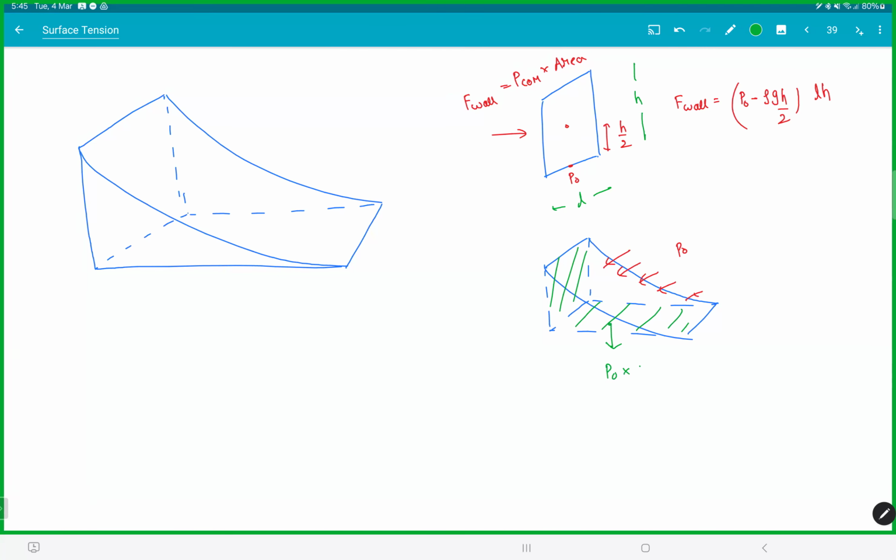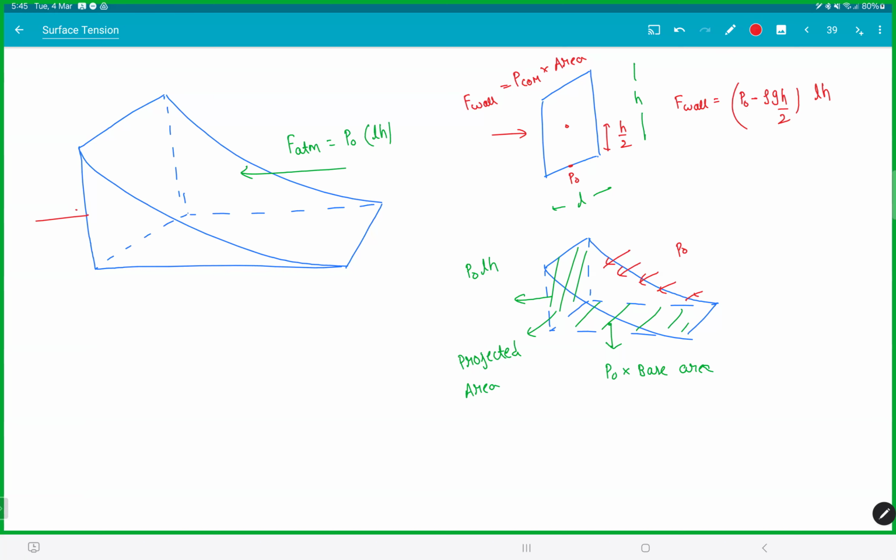Whereas this guy will be P naught into L into H. This is your projected area, the shaded one. So we are taking a few ideas from fluid mechanics. So we have atmosphere pressure F ATM, this pressure P naught into projected area L into H. The projected area is that rectangle.